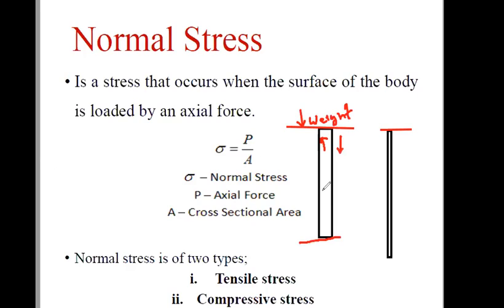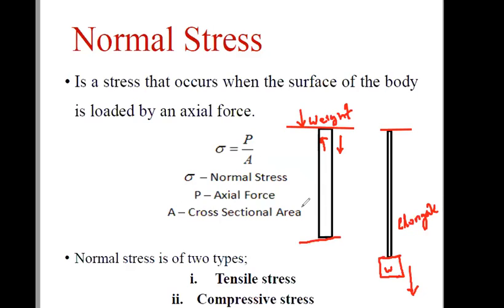But suppose a mass is hinged here. This is the weight, so it will pull this rod. So I can say that this rod will elongate, and the pillar will compress.